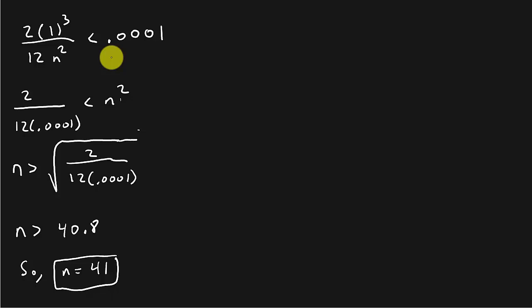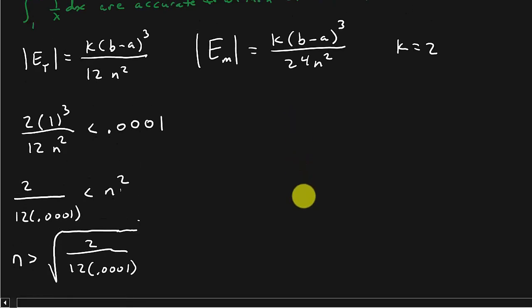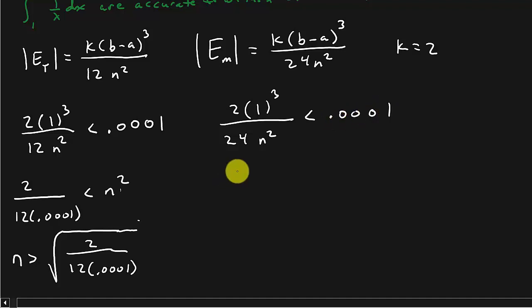All right, so now let's do the same thing with the midpoint rule. It's the same thing. It's 2 times 1 cubed, since 2 minus 1 is 1, over 24 times n squared, and we want that to be less than 0.0001.